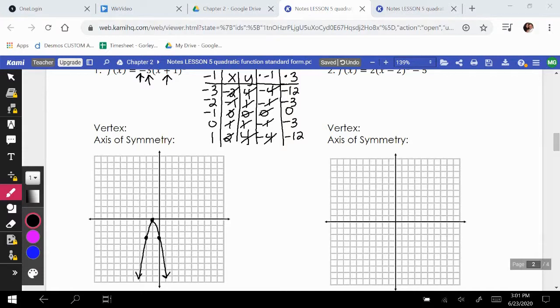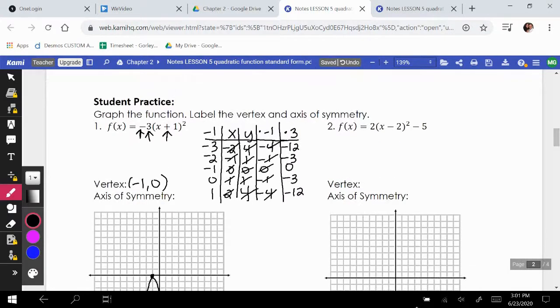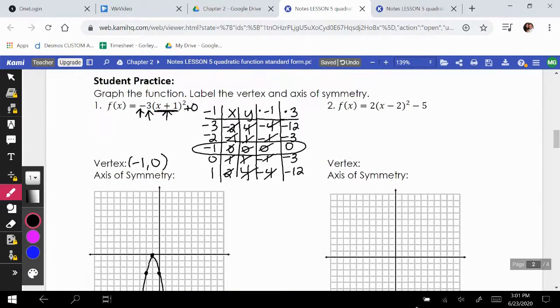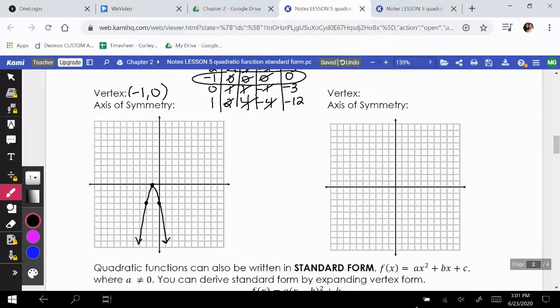The vertex, again, vertex is the highest or lowest point on your graph, so it's going to be -1, 0. I can also see the -1, 0 in the middle of my chart here. I could also see that there was a shift left 1 and then up and down 0 from my original function. The axis of symmetry should be the same x value as your vertex, so it should be x equals -1. Which hopefully if you graph x equals -1, it runs right through the middle of your parabola.